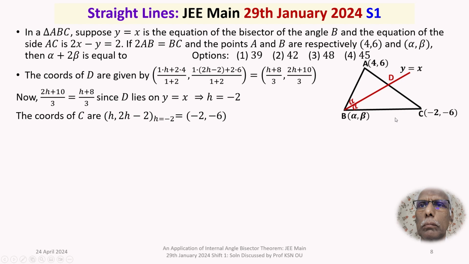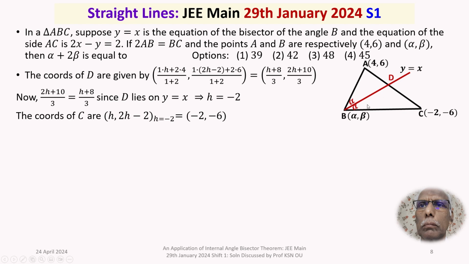Using these two facts, you can find the images of the points on BA as points on BC in the line y is equal to x.